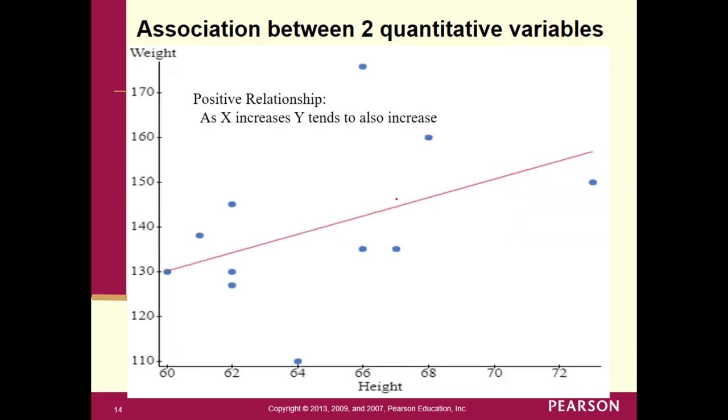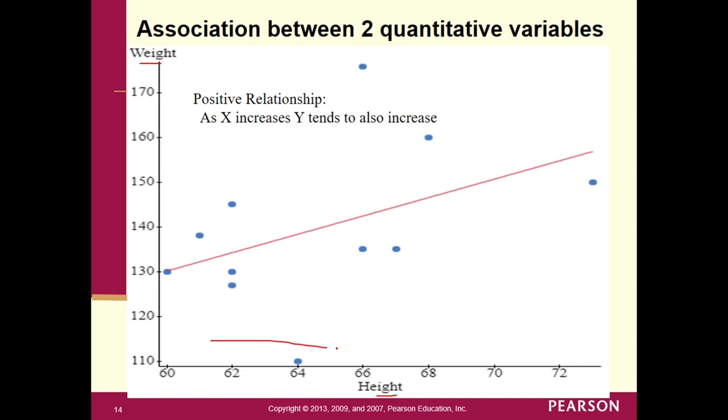Let's move on to, say, a positive relationship. Here we have height and weight. So generally speaking, as people get taller, they weigh more. But there are individuals that sort of buck that trend. And so all we can say is as x increases, y tends to also increase with a positive relationship.